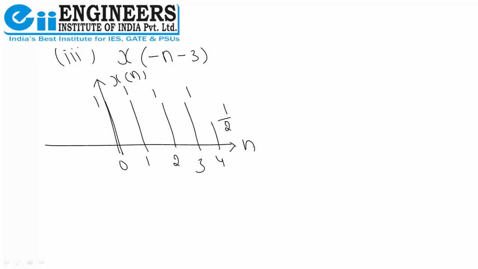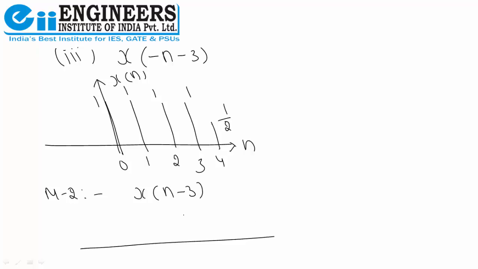Now I want to perform x[-n-3]. So again I will use simply method 2. What is method 2? Forget anything with n. So here with n there is a minus sign, so I will forget it and first perform the shifting operation, which is x[n-3].